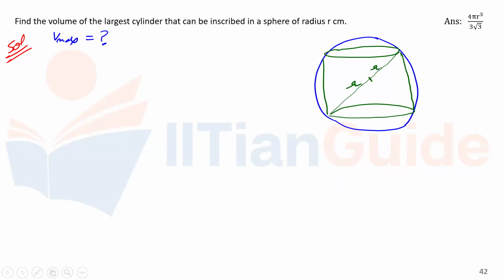Now I am taking one angle to be theta. I am taking this angle to be theta. I'm having a cylinder, volume of the cylinder I'm writing. Volume of the cylinder, we have the formula pi. Radius of the cylinder I'm taking to be capital R. Okay. Pi into capital R square, I am taking its height to be h.